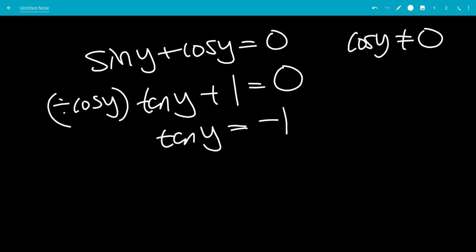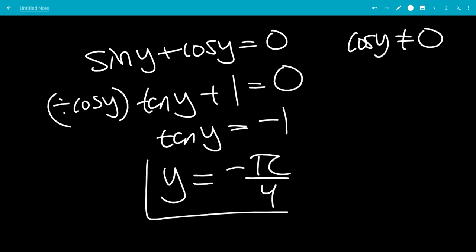So how do we find y? Tangent of pi over 4 is 1, and tangent is an odd function, so we can just say that y equals minus pi over 4, because when you take the negative, it will go to the outside. So y equals minus pi over 4.